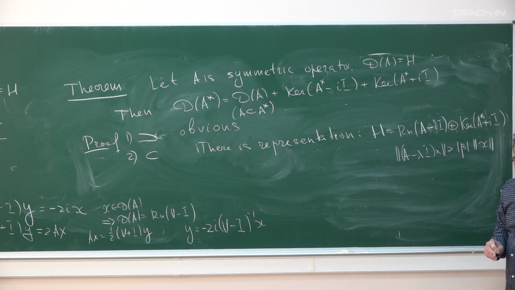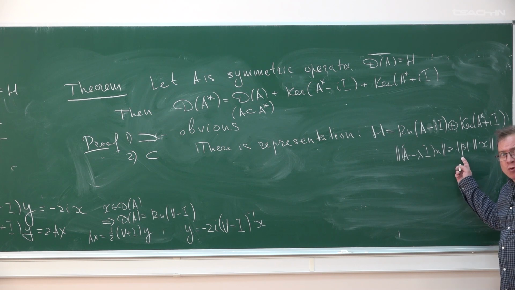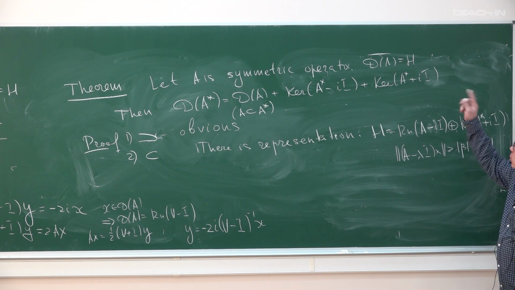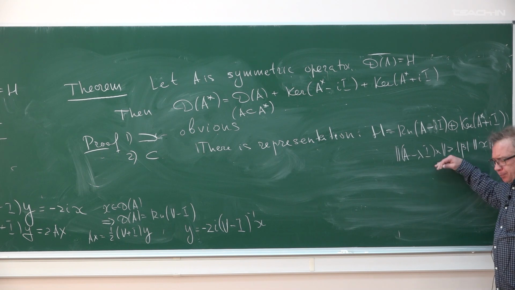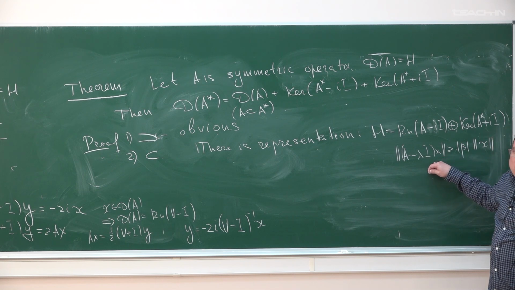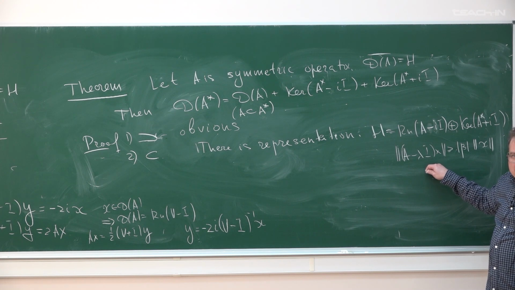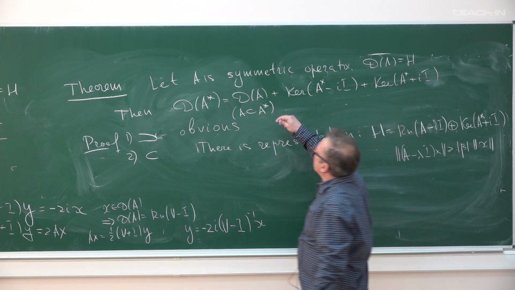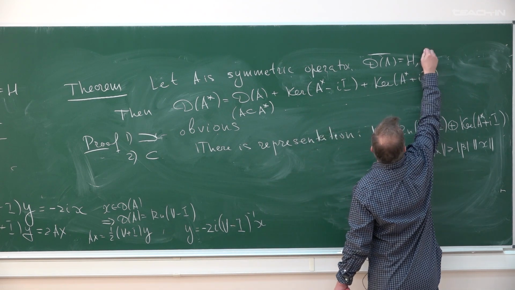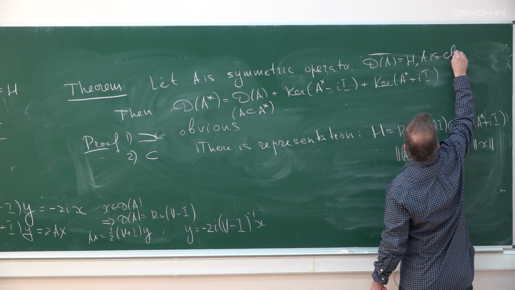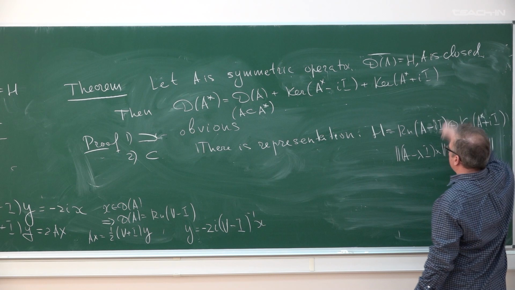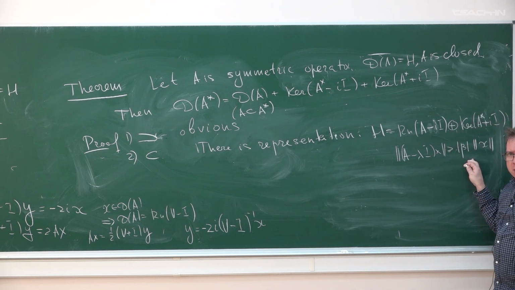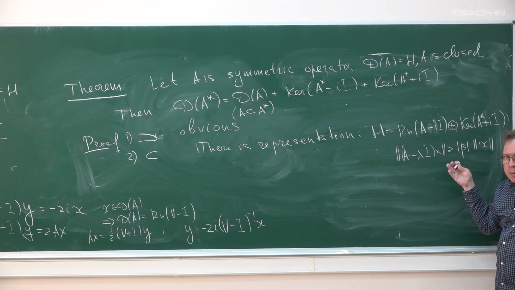And from this estimation, we can conclude that for a closed operator, the range of the operator is closed. I don't write it here, but let A be a symmetric dense operator, and A is closed. Because we can show it for closed operators. Just now we work with unbounded operators.